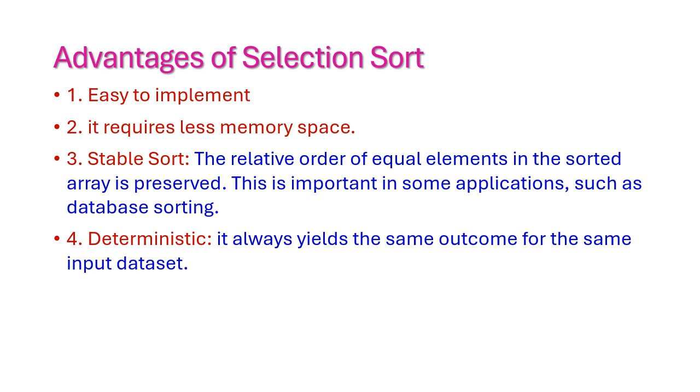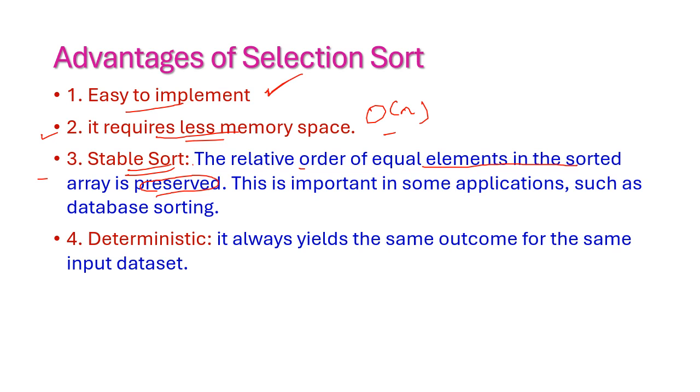The advantages of selection sort. The first advantage is that it is easy to implement, and it is very easy for beginners who learn sorting techniques. The second one, it requires very little memory space; the space complexity is order of n. And it is a stable sort, that means the relative order of equal elements in the sorted array is preserved.